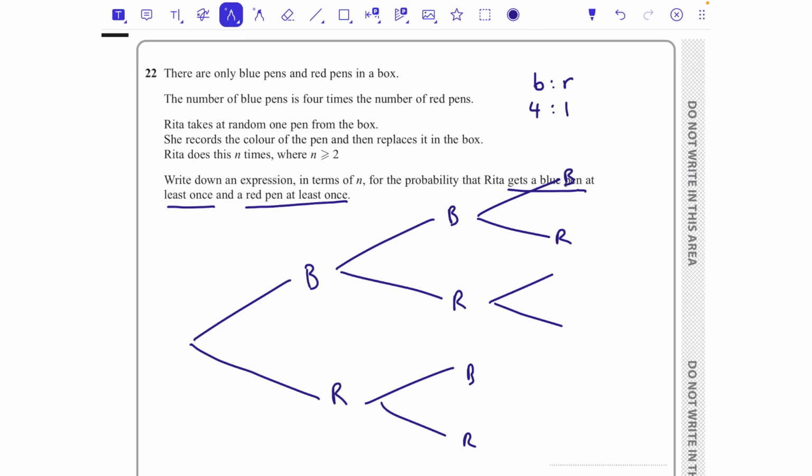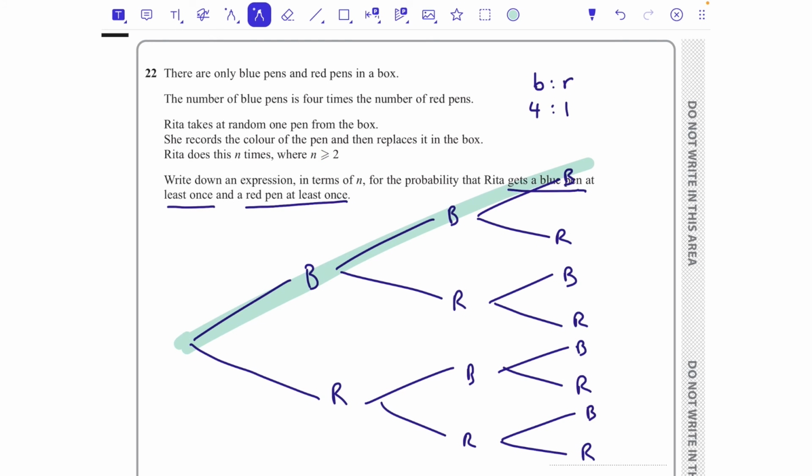Blue, red, blue, red, blue, red, blue, red. So what we're saying here is that we want her to get at least a blue pen and at least a red pen. So we want her to get at least one of each colour. So the only routes we don't want are these routes where she gets all blue pens, or this route down here where she gets all red pens, but we want everything in between.